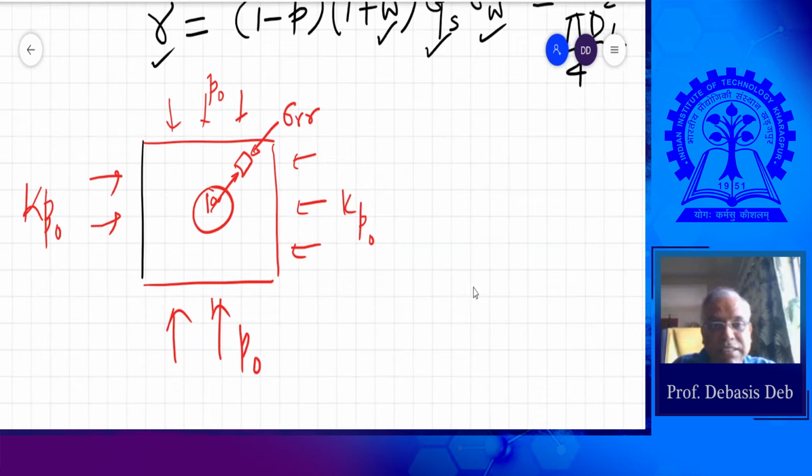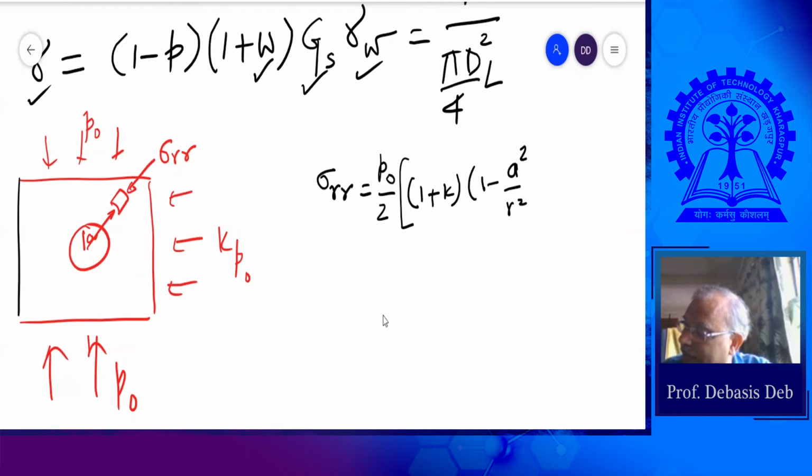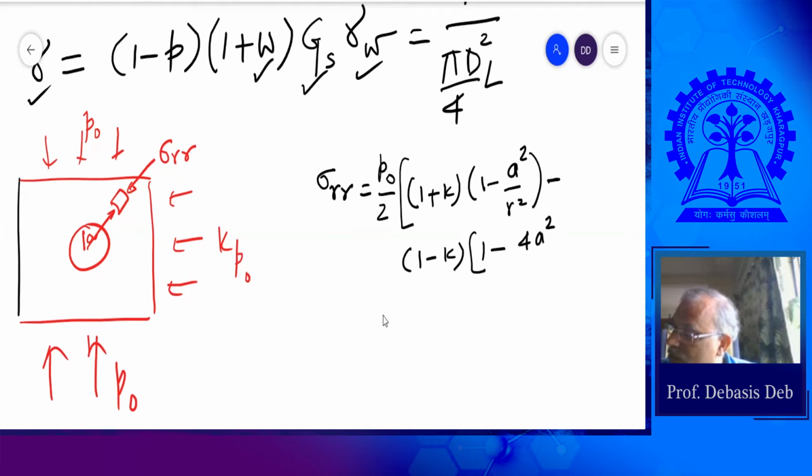So you can write this stress. Let me shift it a little bit this side so that I can write. Sigma rr is P naught by 2, times 1 plus K, times 1 minus a squared by r squared, minus 1 minus K, times 1 minus 4 a squared by r squared plus 3 a to the power 4 by r to the power 4, this entire thing times cos 2 theta.